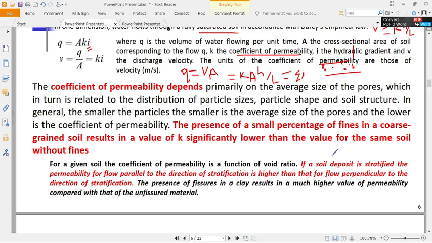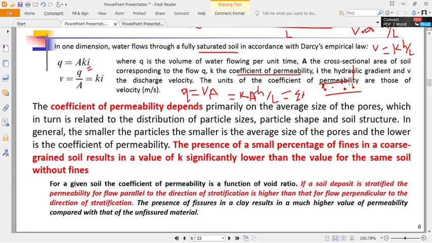Remember, K is measured from this expression. If you make K the subject here, you can see that it is equal to Q over A into I, which will be L over H. Is that okay?